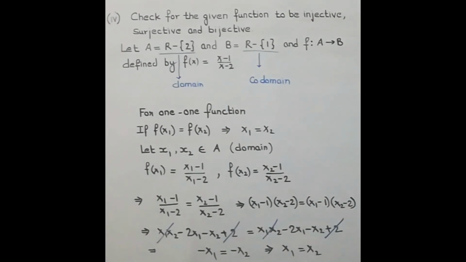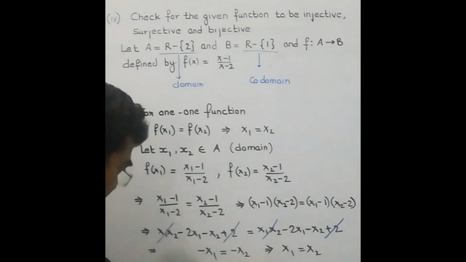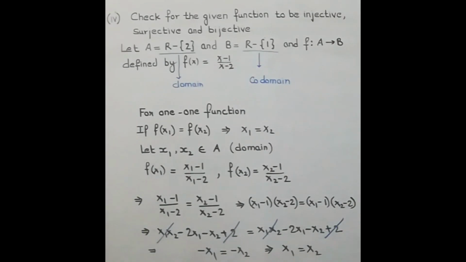So by the definition of one-one, we have got x1 is equal to x2. This proves that the function is injective. The first part we have shown that the function is injective. You can pause and note this down.